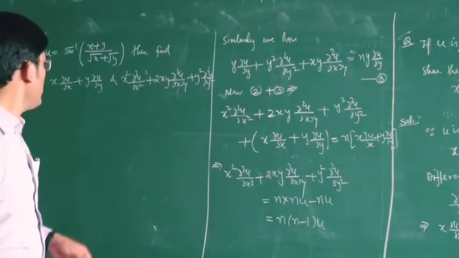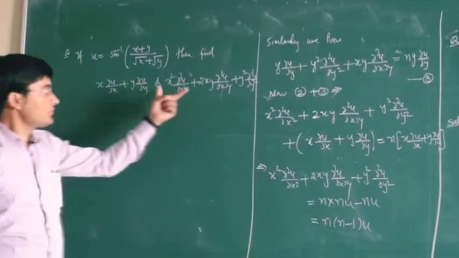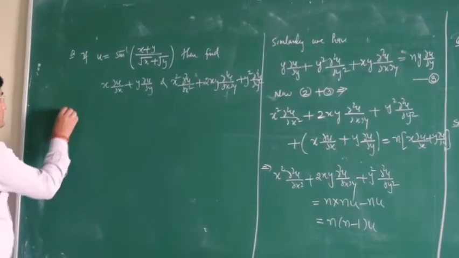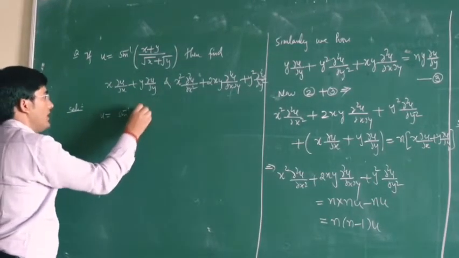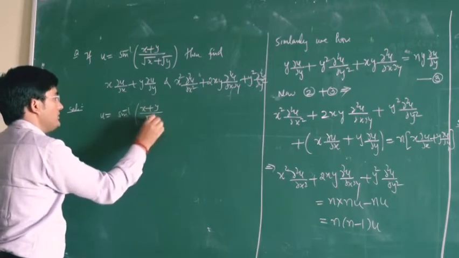So find out the values of these two expressions. So solution, your u is sin inverse of x plus y upon under root x plus under root y.